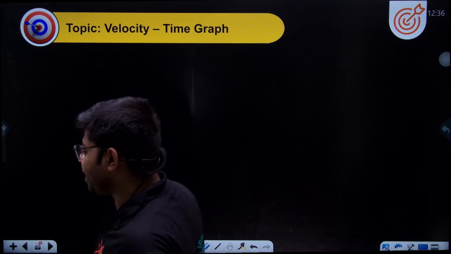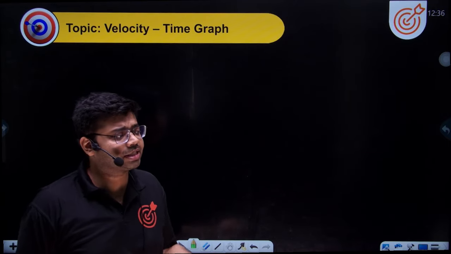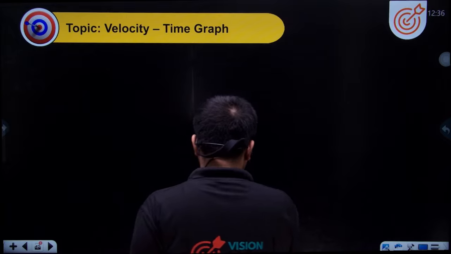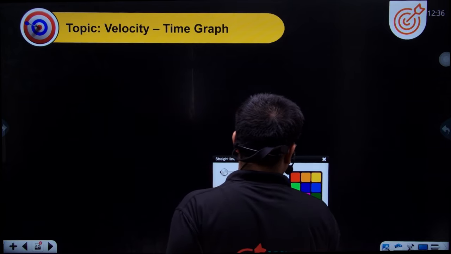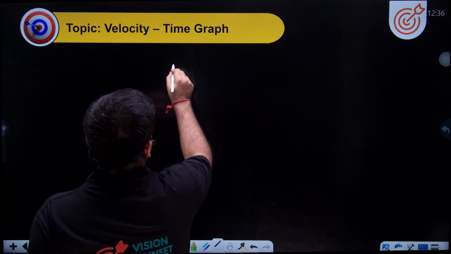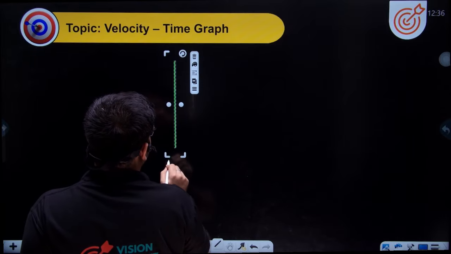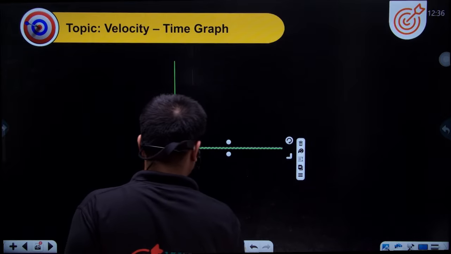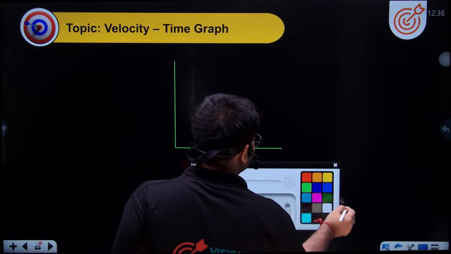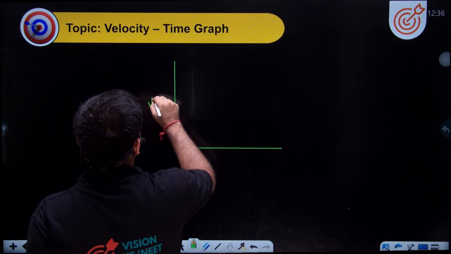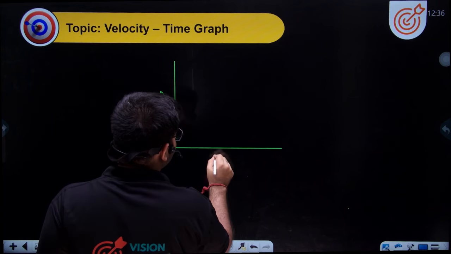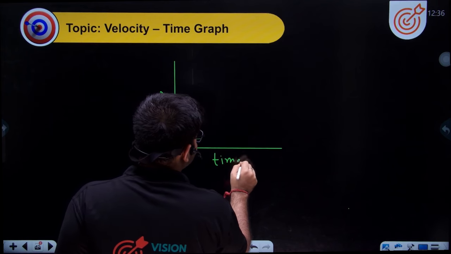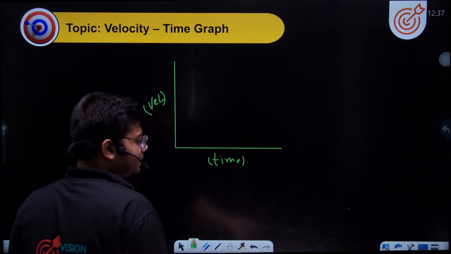Now if I talk about the velocity time graph, let us focus on velocity time graph now. So this is my velocity and this is my time. If I say that the velocity is constant, what does it mean?